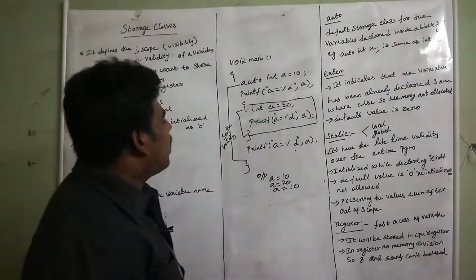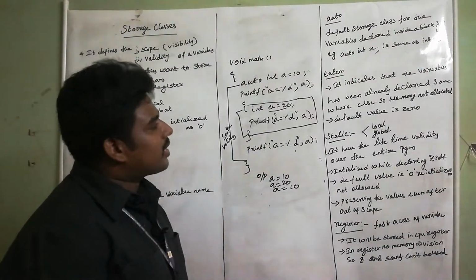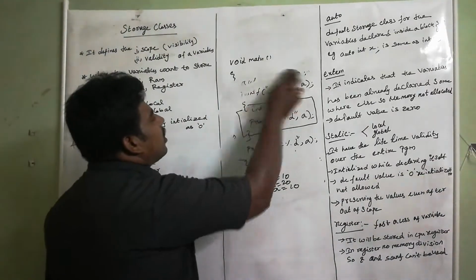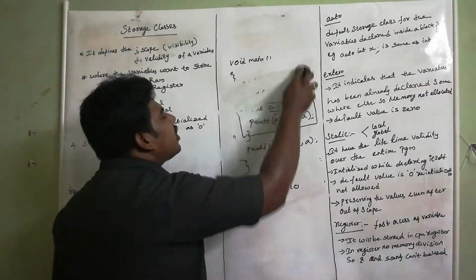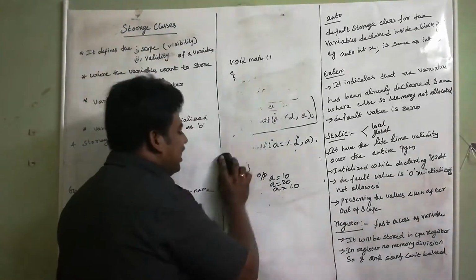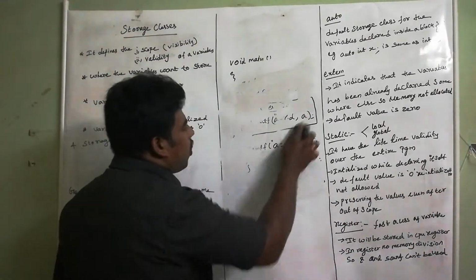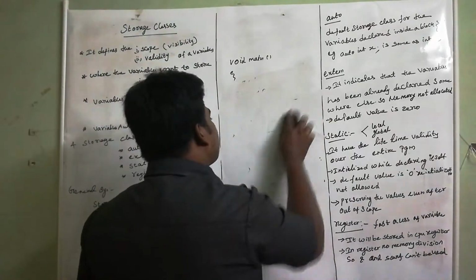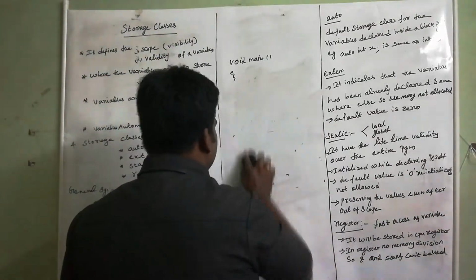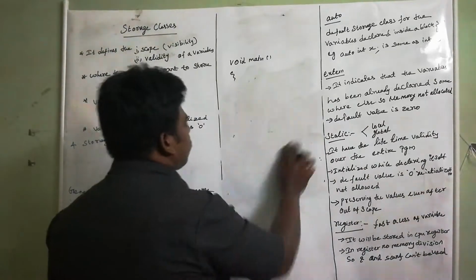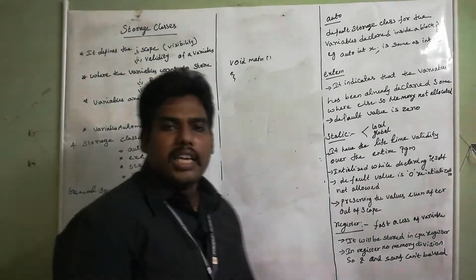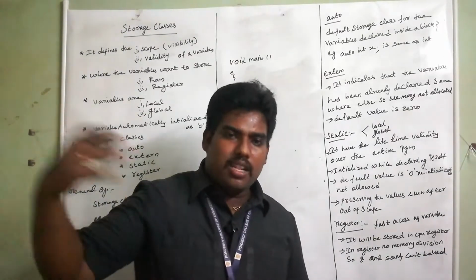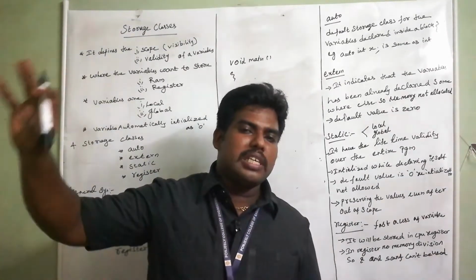The next we can see about extern. What is extern? Extern denotes that somewhere else the particular variable was already declared. Once again I will explain. Listen. Extern is a keyword used to denote that somewhere else the particular variable was declared.